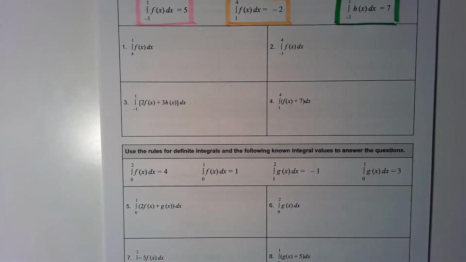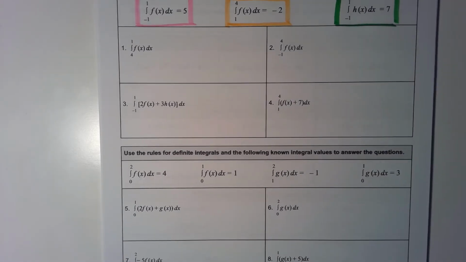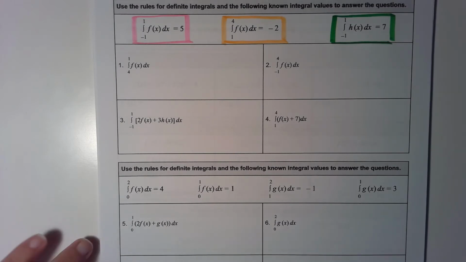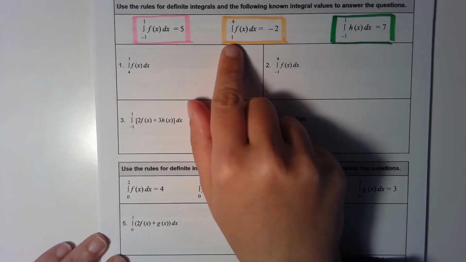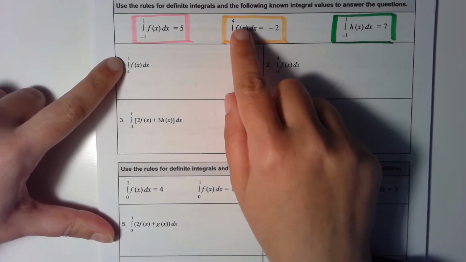So let's see if we can use those properties to figure out some integrals that we don't know. For problem number 1, it says, can you find the area between 4 and 1 for f of x? Now you'll notice that this integral from 4 to 1 is very similar to this integral. There's the integral from 4 to 1, and this one is the integral from 1 to 4.